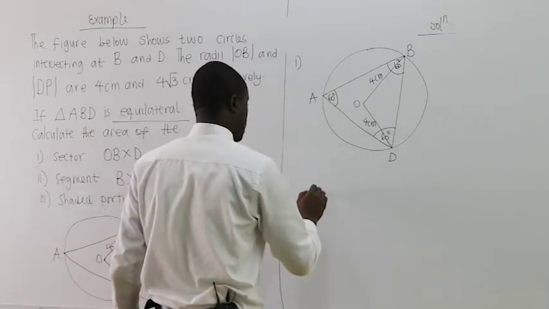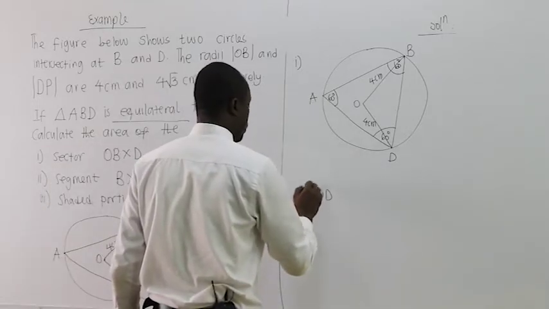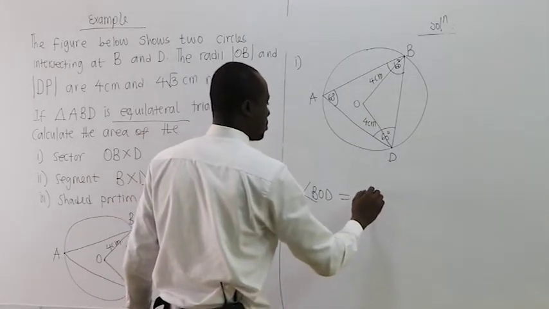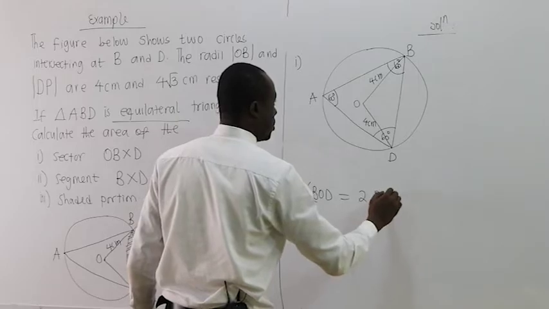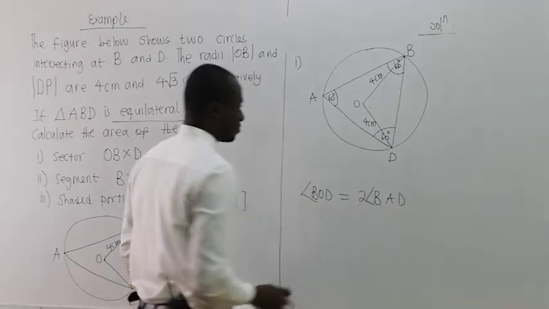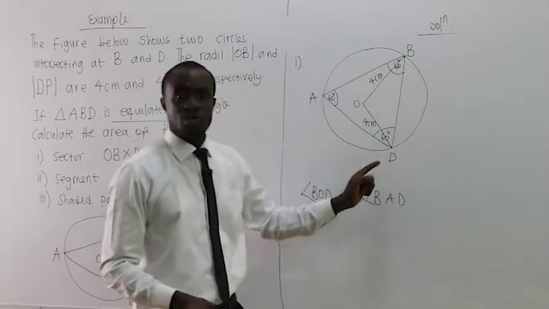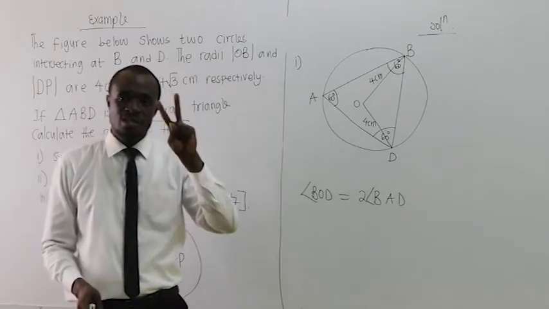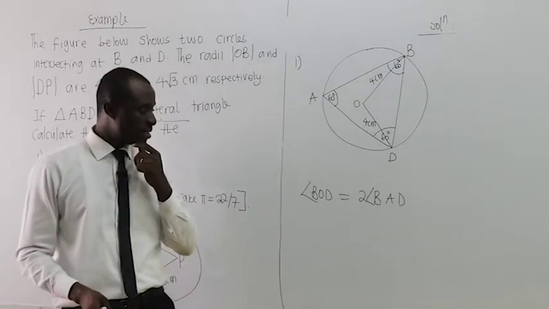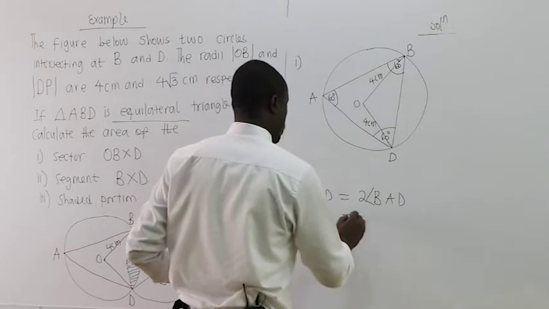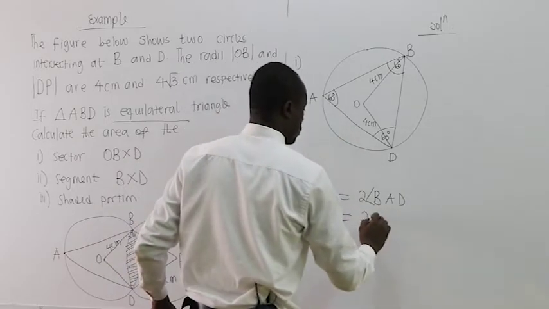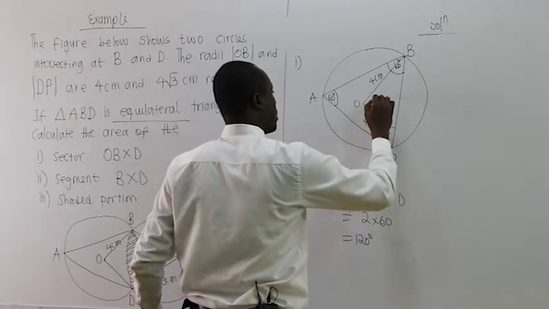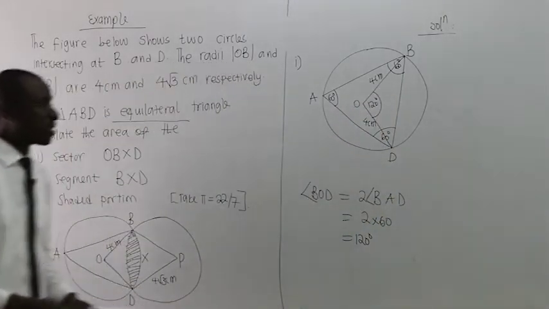So all that we are saying is that angle BOD is equal to 2 times BAD. We know BAD is 60, so 2 times 60 gives us 120 degrees. So the angle here is 120 degrees.